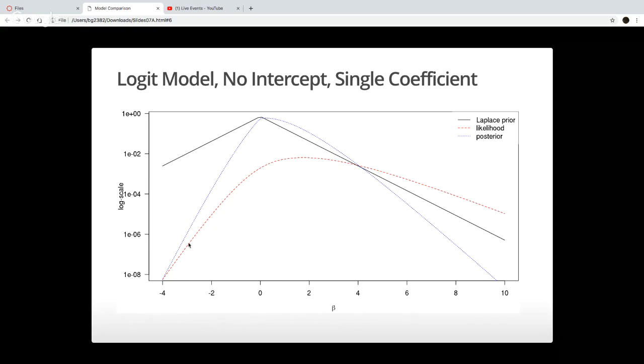But if we take the Bayesian perspective, this entire blue line is the posterior PDF. I've normalized it; it has an area of 1. Where the frequentist would say our maximum likelihood estimate is close to 2, let's go with it in terms of testing a null hypothesis that it's 0, the machine learning people would optimize this thing and say the optimum occurs when this coefficient is exactly 0, so let's go with that for the purpose of making predictions.